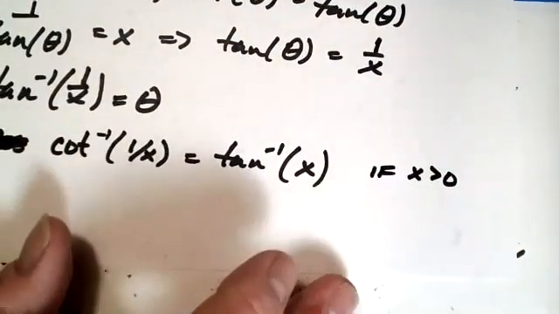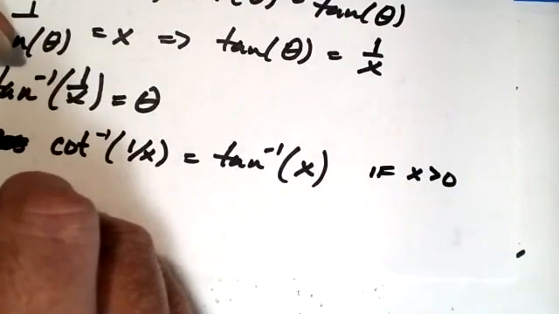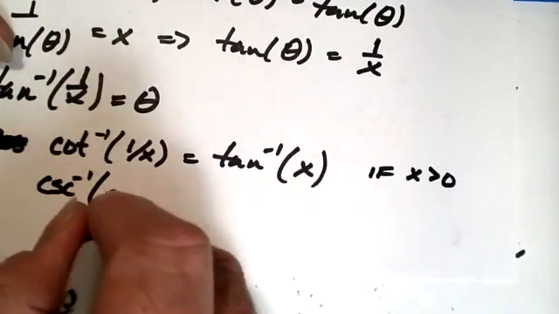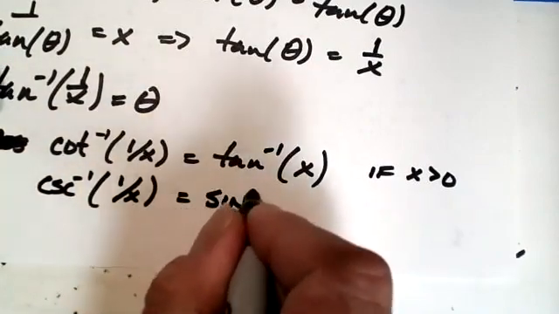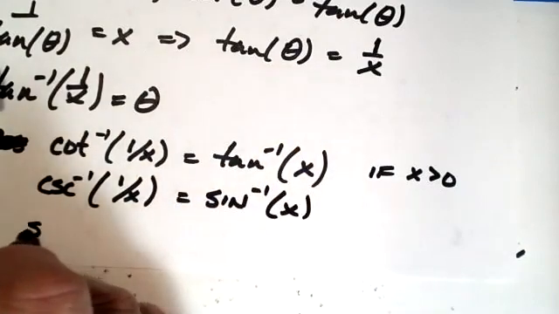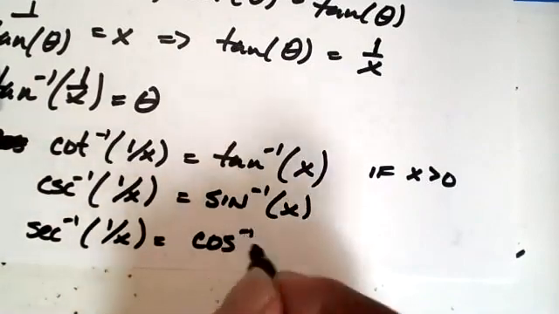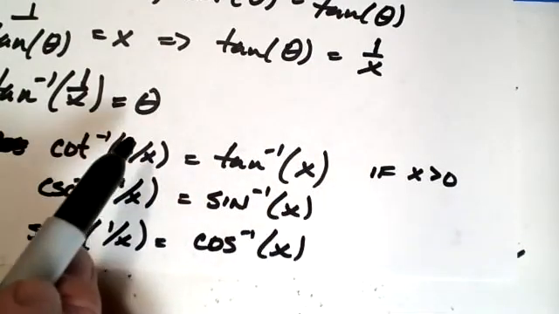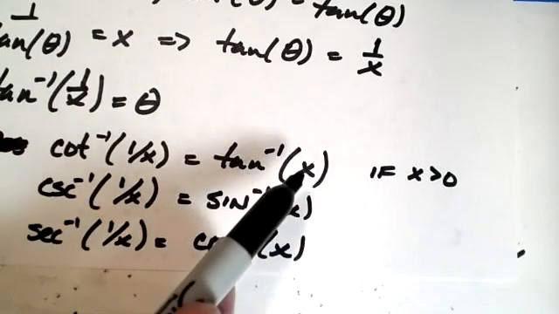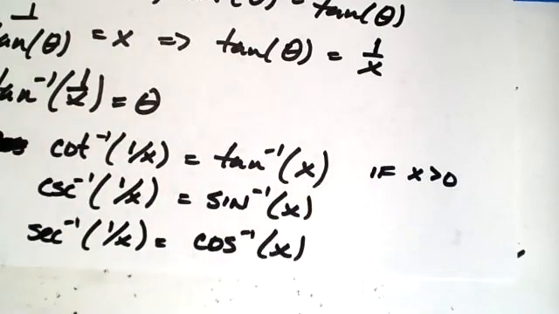I'm going to come back to this in later sections, but there is a qualification here that has to be addressed. Inverse cosecant of x is equal to inverse sine of 1 over x, and inverse secant of x is equal to inverse cosine of 1 over x. This is the number that generally you're given in the problem, and this is the conversion you have to do using a different function to be able to calculate the angle.